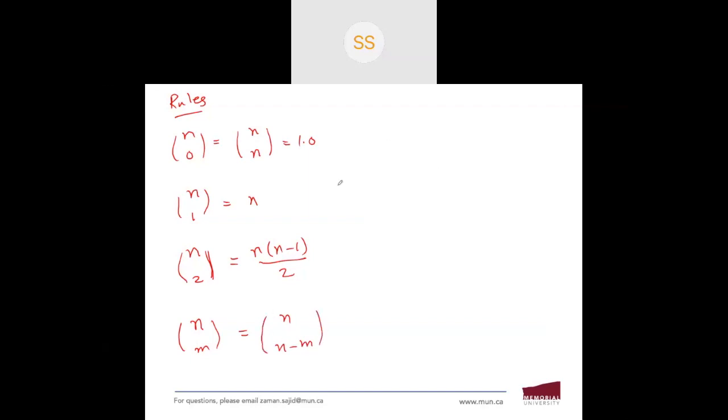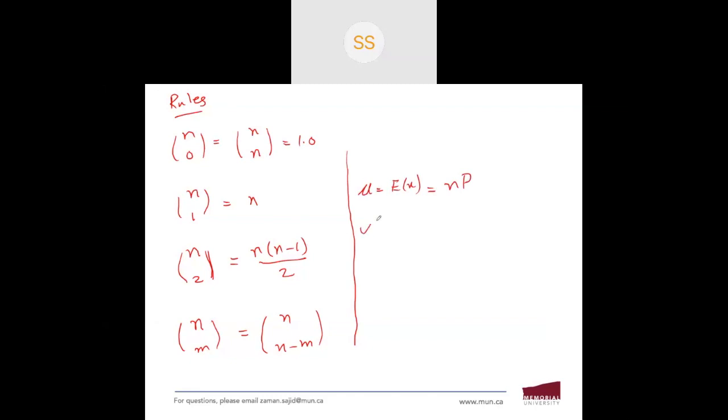Now in the binomial distribution, the formula for the mean mu, which is also equal to the expected value E of x, is equivalent to n times p.